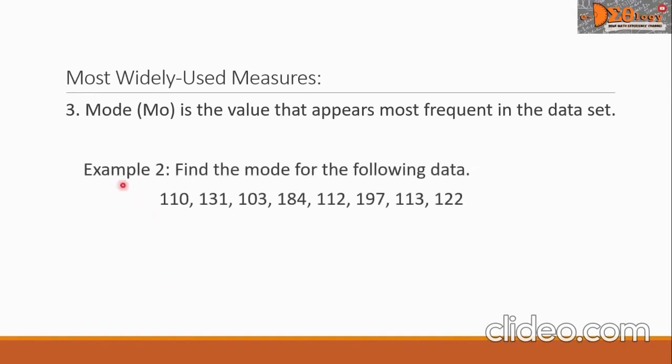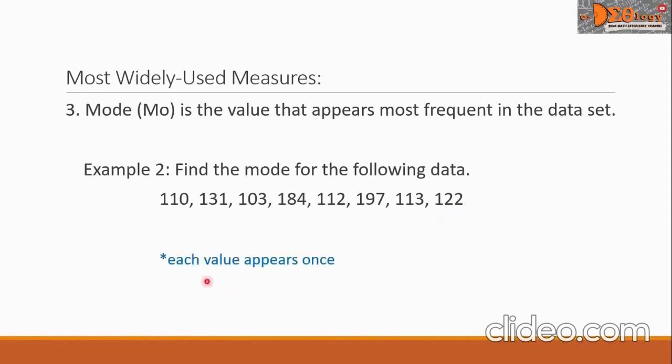Let us have example 2. Find the mode for the following data: 110, 131, 103, 184, 112, 197, 113, and 122.